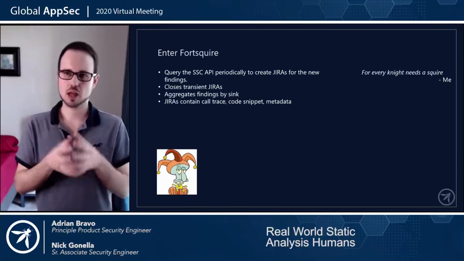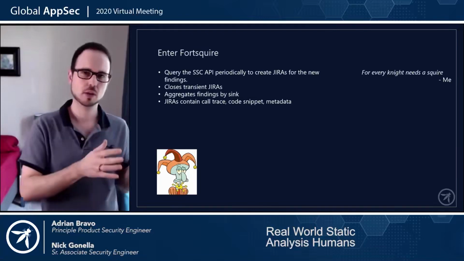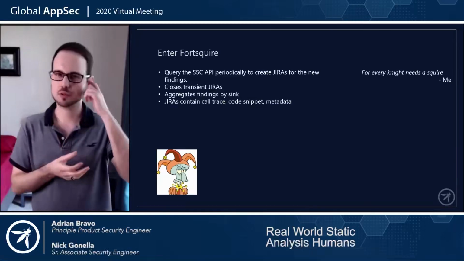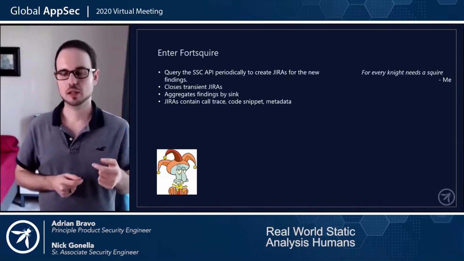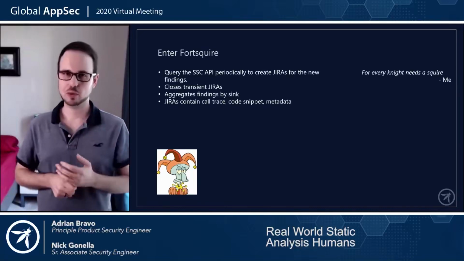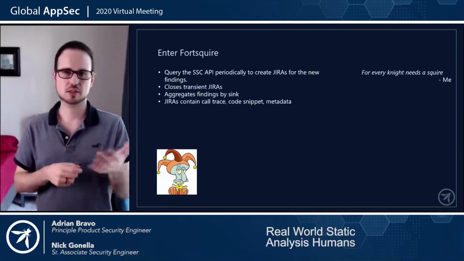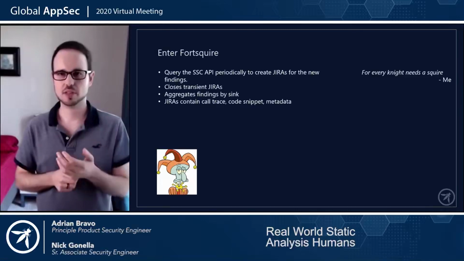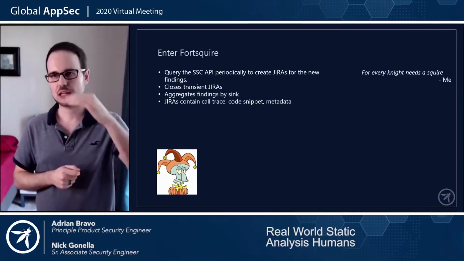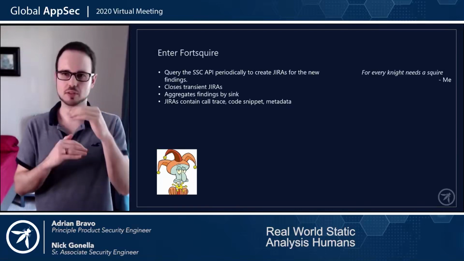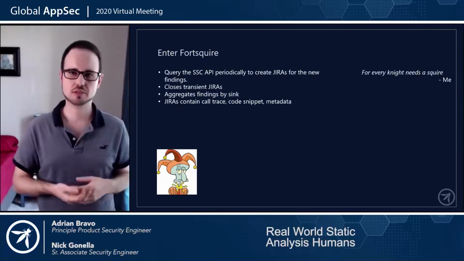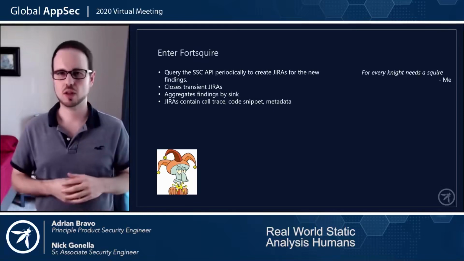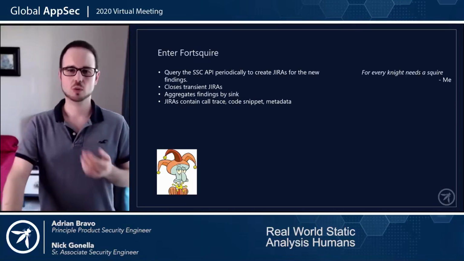That allows us to triage more efficiently and also to pass it to developers, and they can work on a fix for all of those issues that are related. Lastly, the Jiras contain all the information the developer will need to make sense of the issue and produce a fix. It will have all the call stack traces. It will have a snippet of code where the issue resides. It will have some metadata about what type of issue it is and how to fix it. And some of the numerical values that we talk about for confidence will also be there.